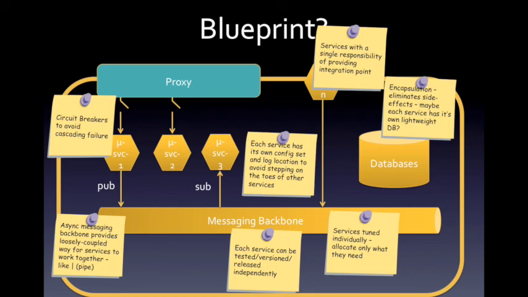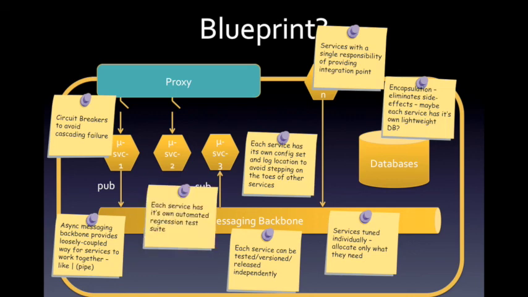So we anticipate that if you take that single monolithic application and carve it up into services on that same box, then this is good. It gives you the opportunity to tune those services individually, so they can allocate only what they need. And of course, each service has its own automated regression test suite.